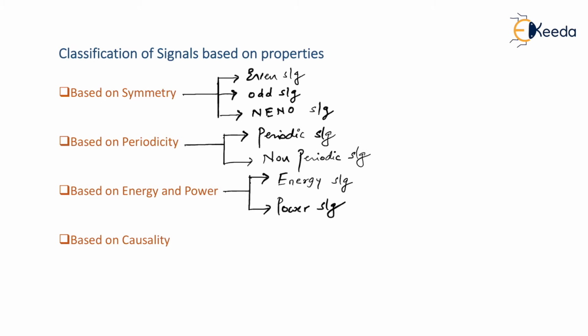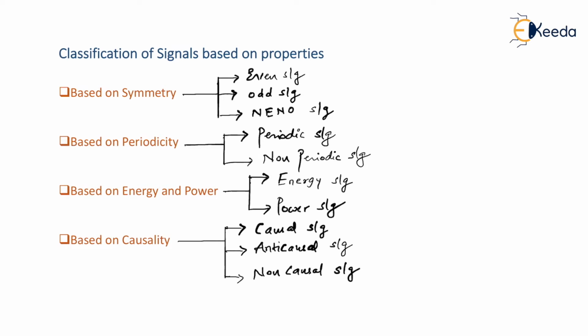And depending upon the causality of the signal, we again have three types of classification here. The first is known as causal, the second is called anti-causal signal, and the last type is called non-causal signal.